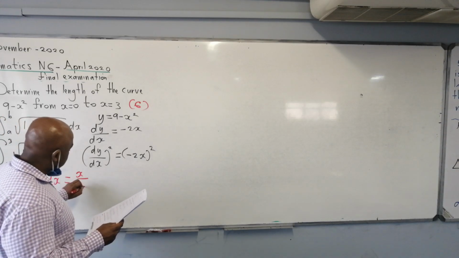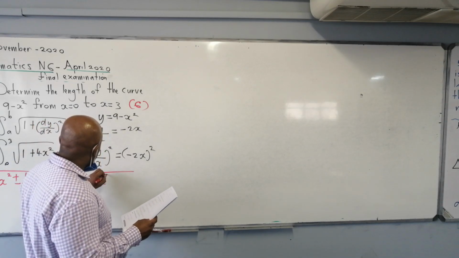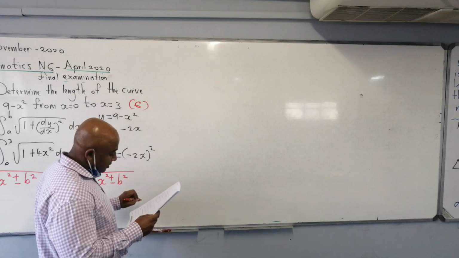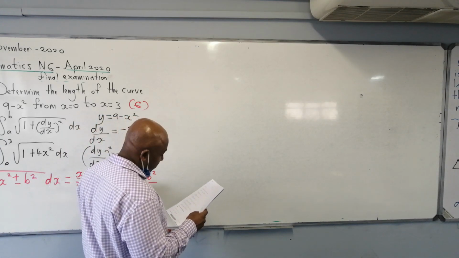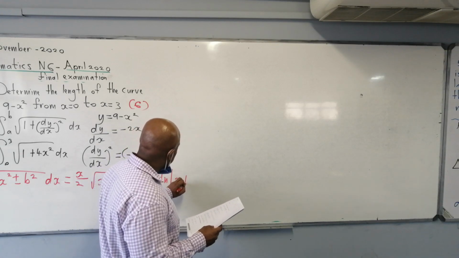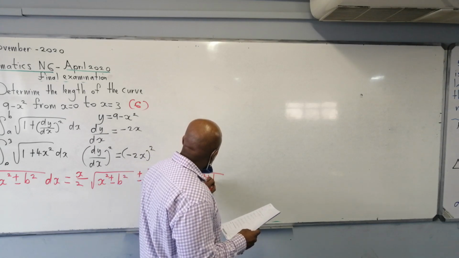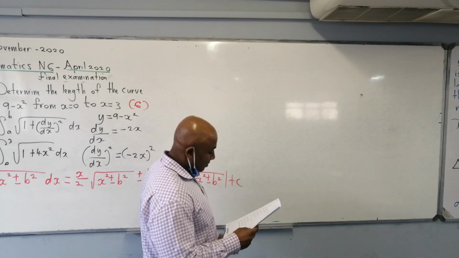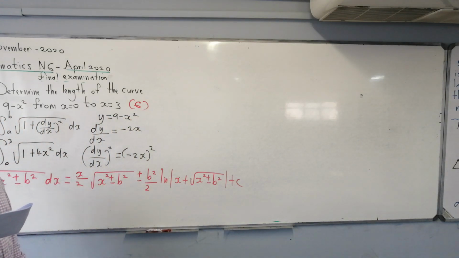This is x over 2 times the square root of x squared plus or minus b squared, plus or minus b squared over 2, then ln of the absolute value of x plus the square root of x squared plus or minus b squared, plus c. It's the second last one on page 4, under integration by completing the square.